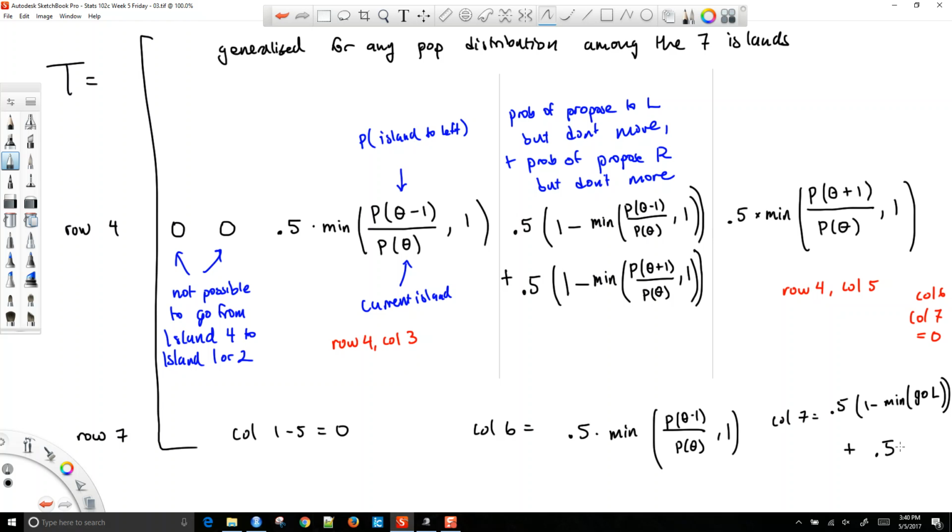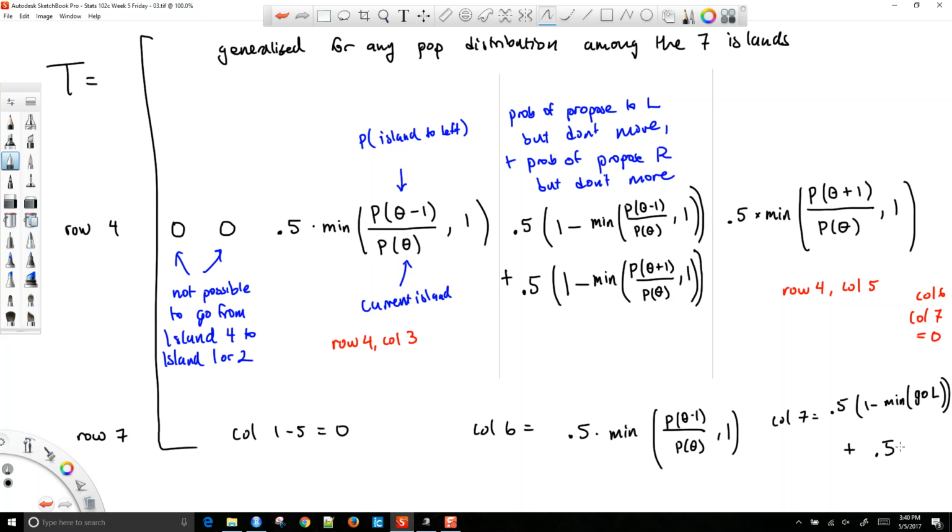So we flip the coin, we propose the left, and then to actually decide whether we go to the left or not, we call up the island and ask what's your probability, or population. We get the probability of that proposed state and compare it to our current state. If the proposed state's probability is bigger than our current one, we go there.